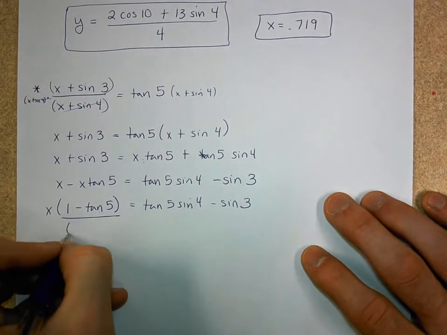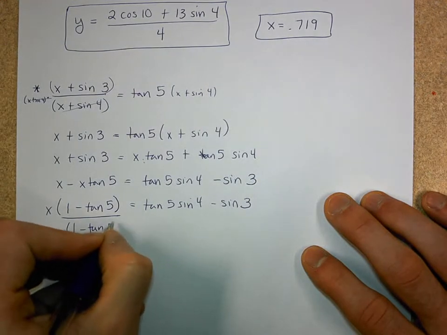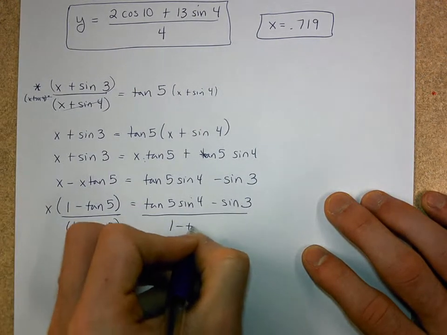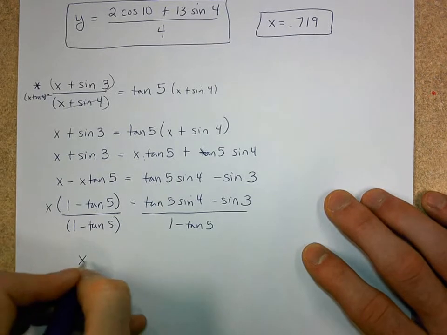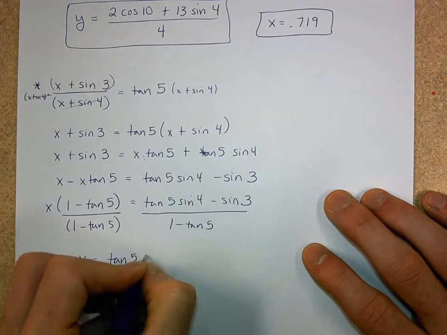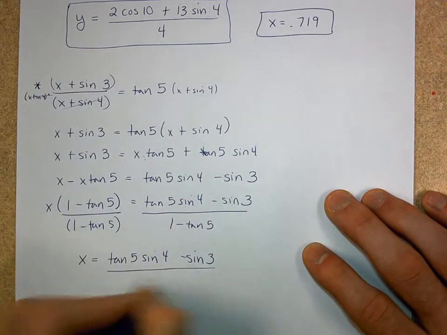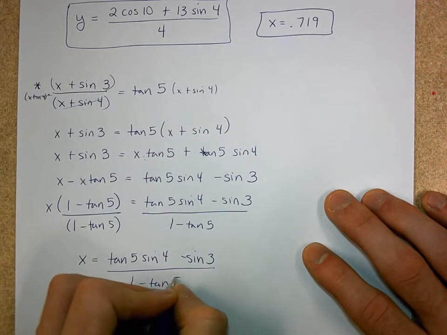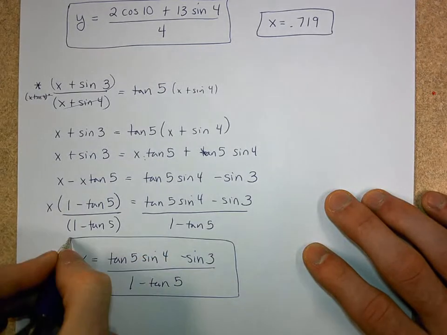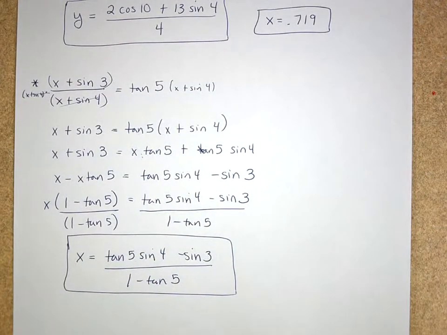And then finally we can divide through by this 1 minus tangent of 5 quantity. So x equals the tangent of 5 sine of 4 minus the sine of 3 all over 1 minus the tangent of 5.